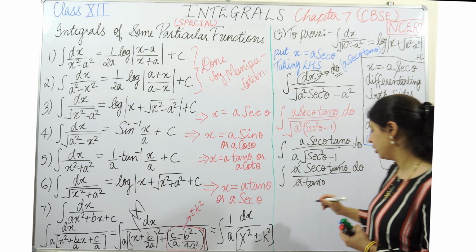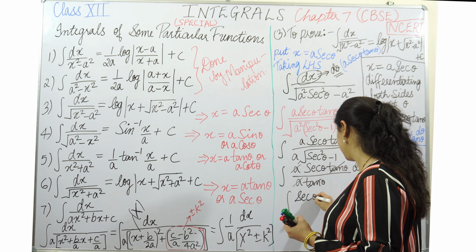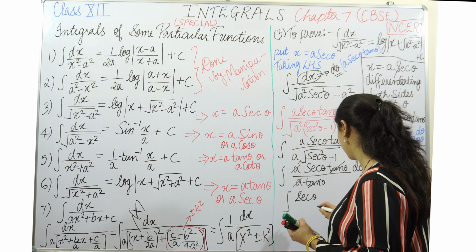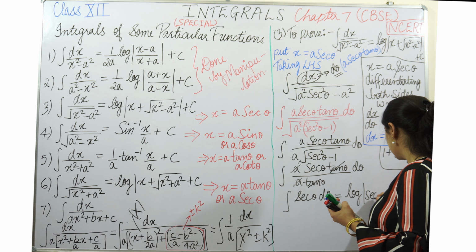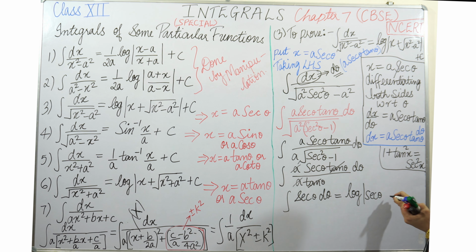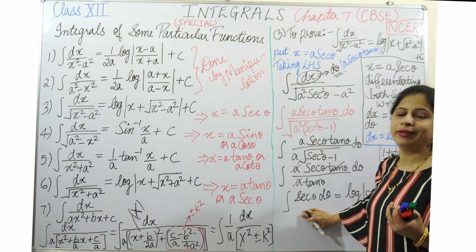Okay, so the integration of sec theta d theta is equal to log of sec theta plus tan theta. The integration of sec x dx is log of sec x plus tan x plus c.